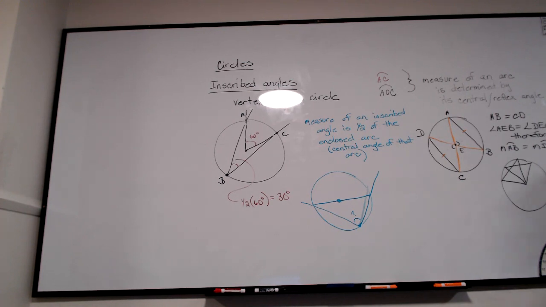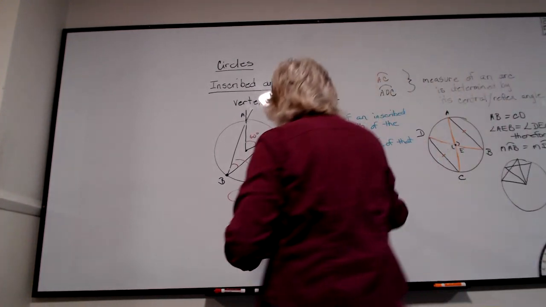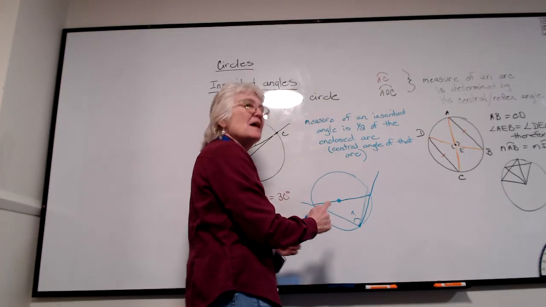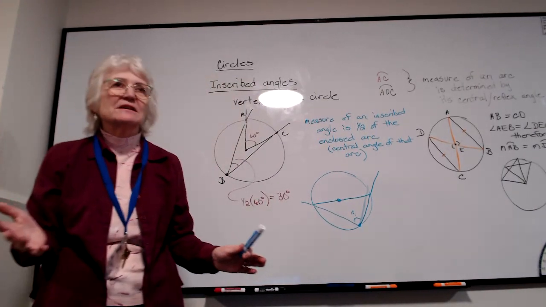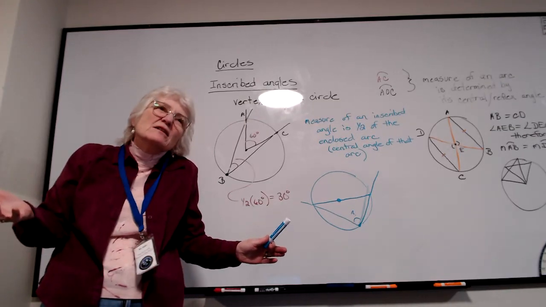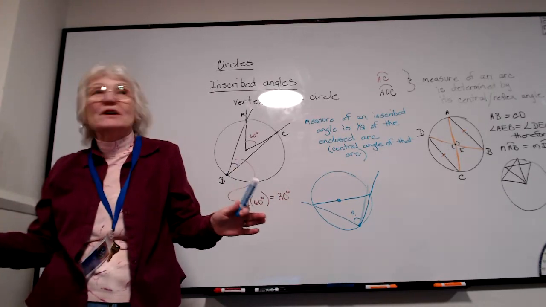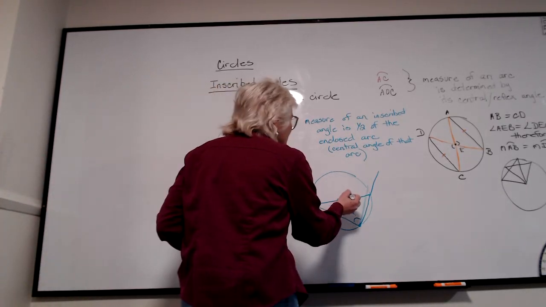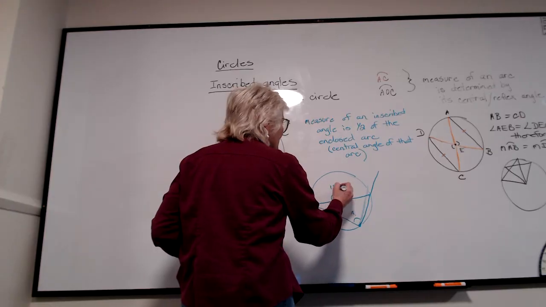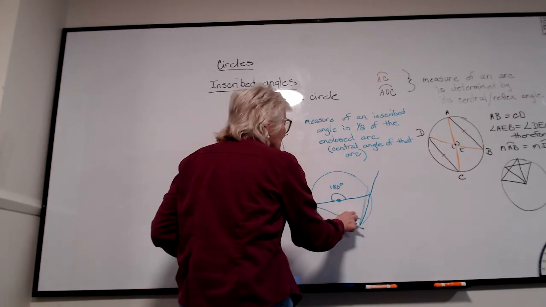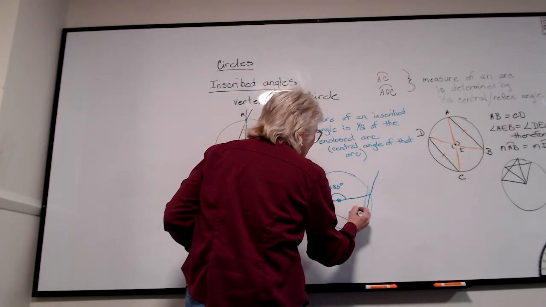Yes, because this arc right here, because it's a diameter, that angle is 180 degrees. It's a straight angle. It's not really an angle, but it is an angle because it's a straight line. A straight line is defined as 180 degrees. So this one is going to be 90 degrees.